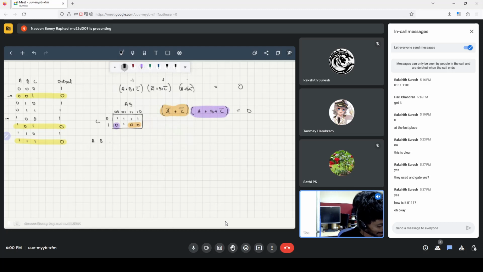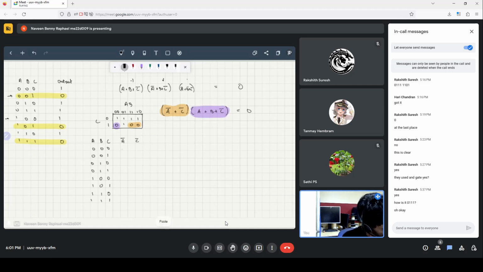A, B, C: 0 0 0, 0 0 1, 0 1 0, 0 1 1, 1 0 0, 1 0 1, 1 1 0, 1 1 1. The first term is, okay, we need to calculate A prime and C prime. These are the only two things we need specifically.